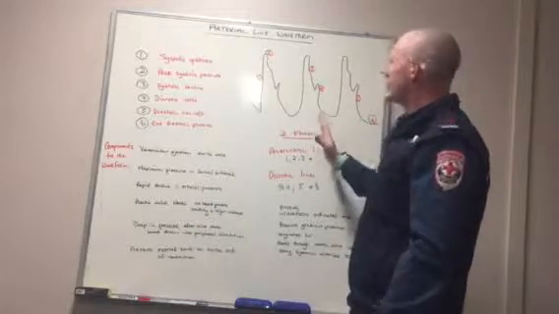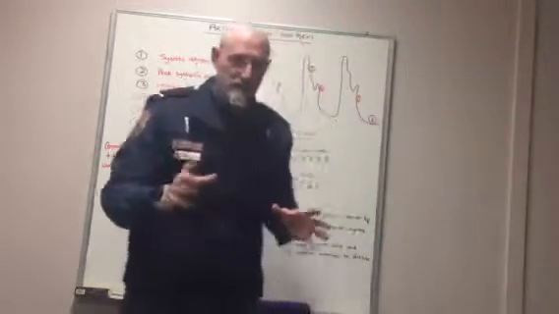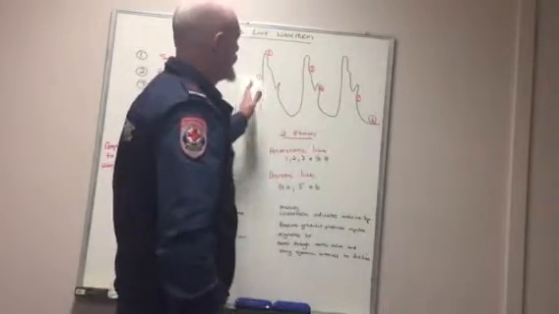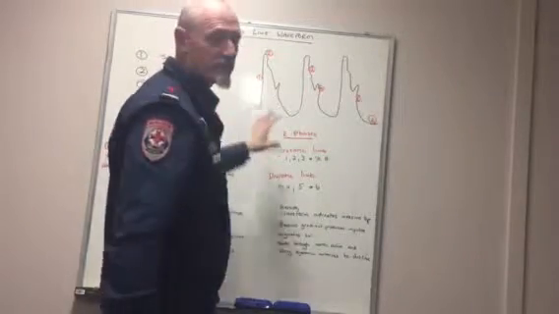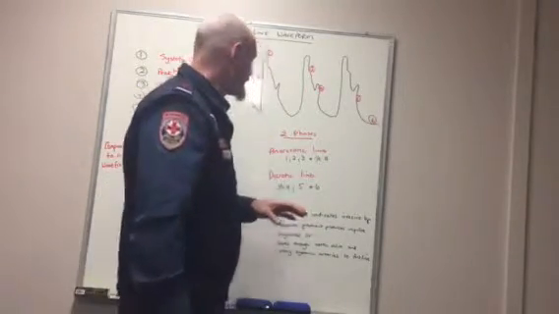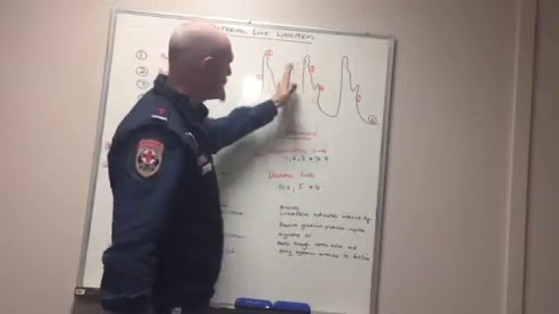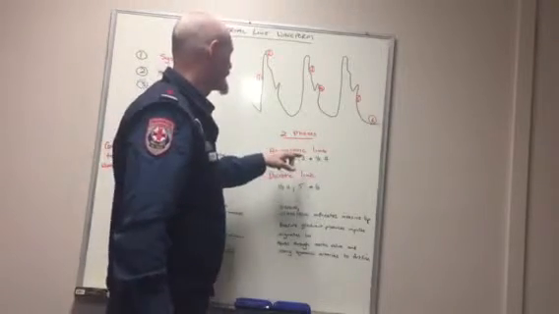We can look at it and say, okay, there are 2 phases to the actual waveform that we're looking at, almost down the middle. As I said, we've got 6 components there. The first phase is the anacrotic limb.